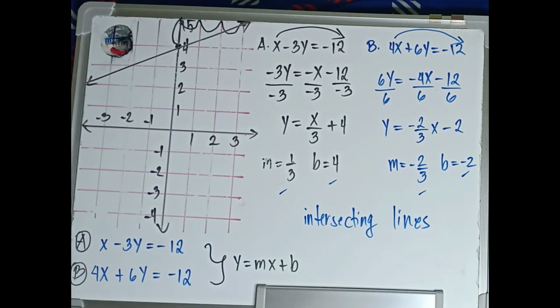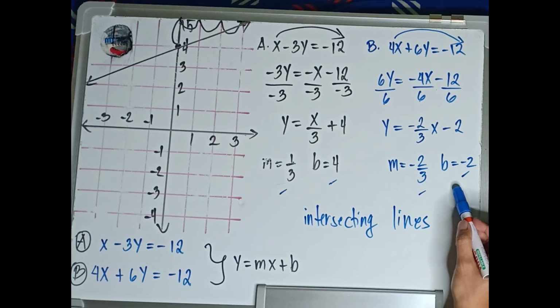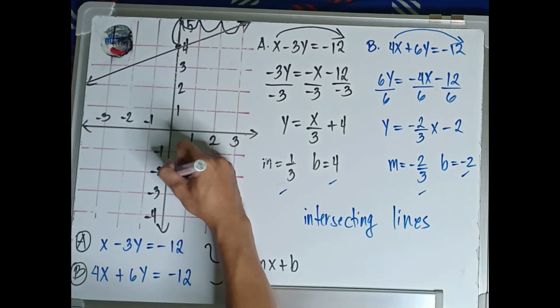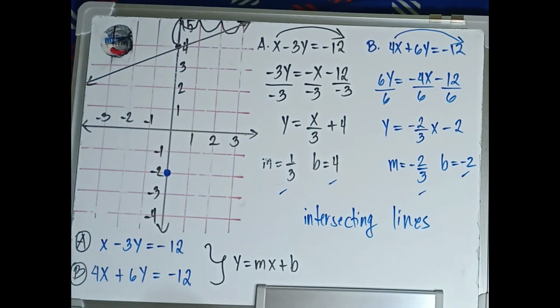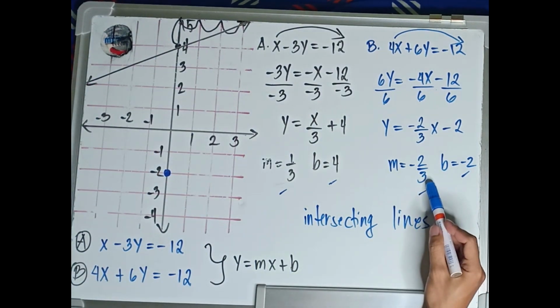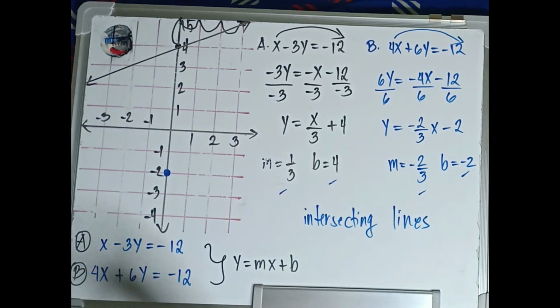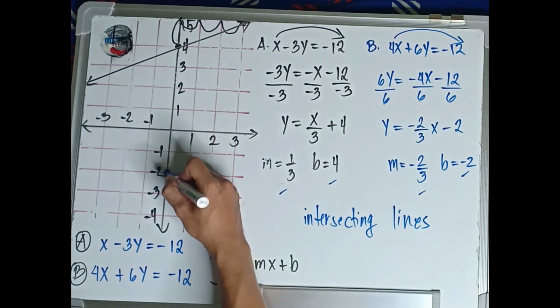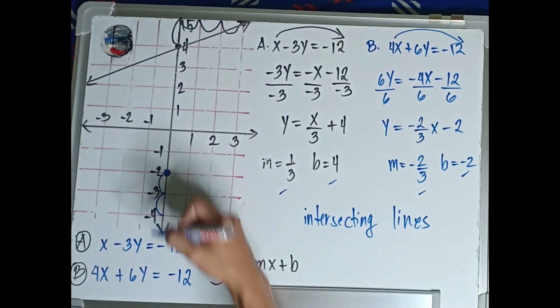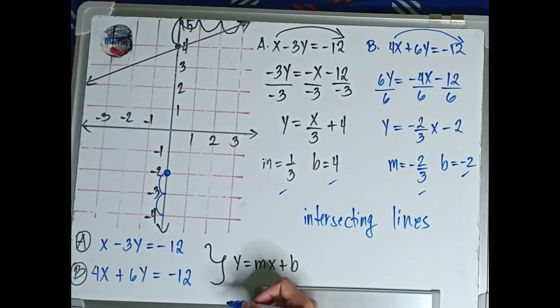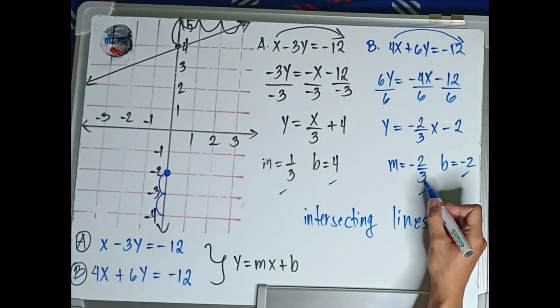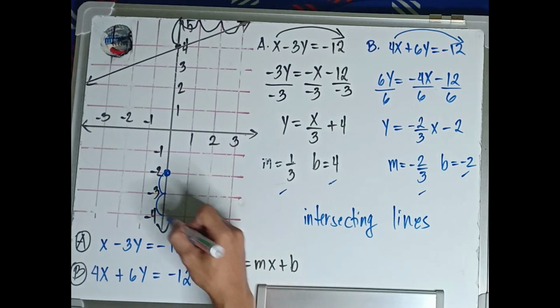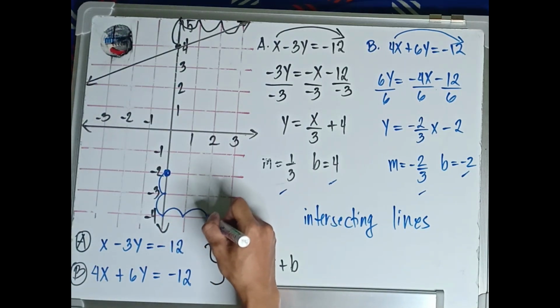Let us now plot equation B. Our y-intercept is negative 2, and our slope is negative 2 over 3. So from this point, we move twice downward because our rise is negative 2. And then we move to the right 3 times because our run is positive 3. 1, 2, 3.